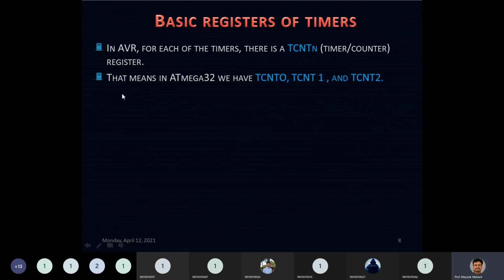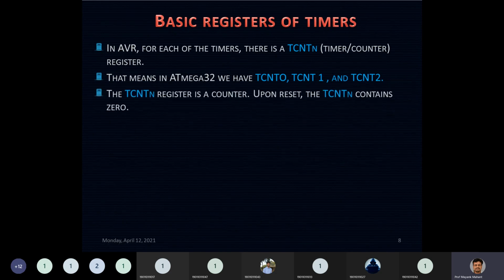As I already told you, there are three timers. So TCNT0, TCNT1 or TCNT2 would be the TCNT registers associated with your AVR microcontroller. The TCNT register is the counter. In the previous slides we talked about the counter register in many places. This counter register is nothing but TCNT.